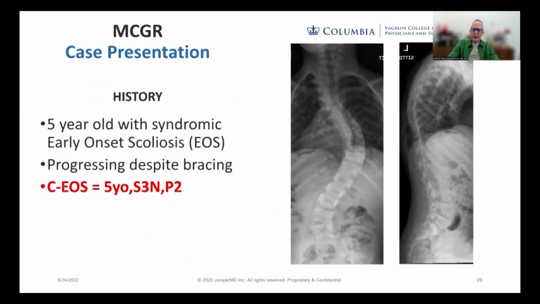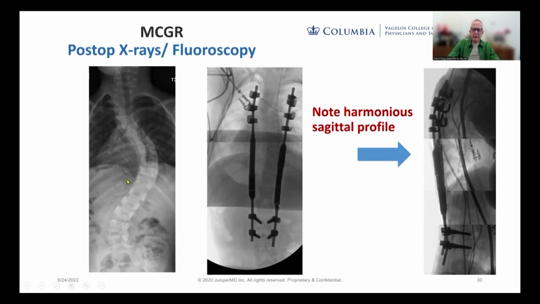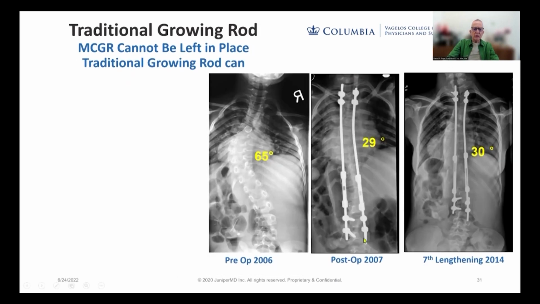This is a brief case presentation of a 5-year-old with progressive curve despite bracing. And we can see that the correction was excellent in both the frontal and sagittal plane with the growing rod system. Traditional growing rods allow us to leave them in.